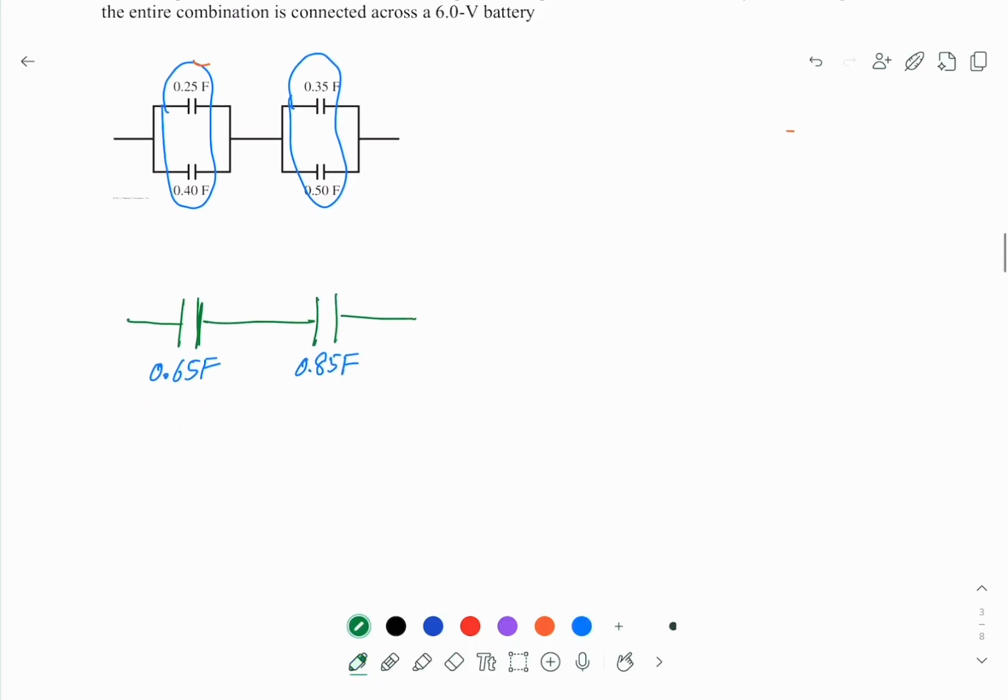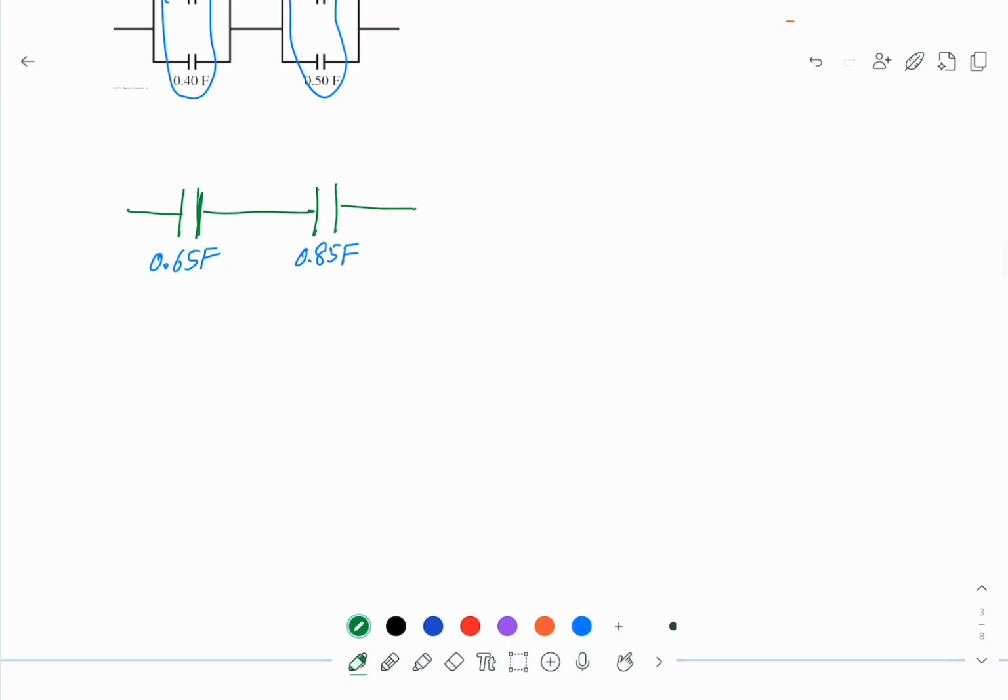Now, these two capacitors are connected in series. So we want to find the overall equivalent capacitance, and this we can call CEQ. So we use the rule 1 over CEQ equals 1 over 0.65 plus 1 over 0.85.